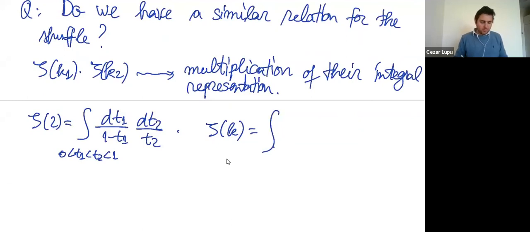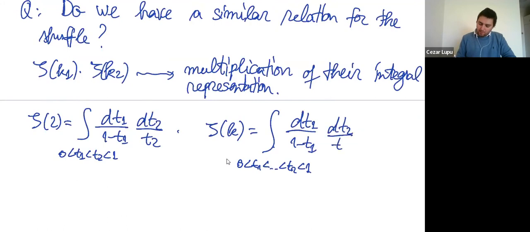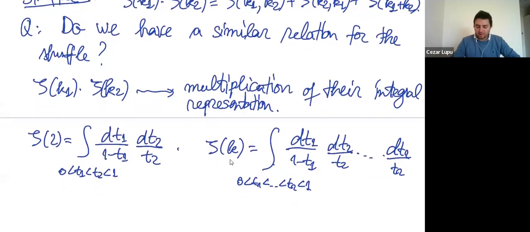This will be the integral representation over 0 less than t1 less than tr less than 1, dt1 over 1 minus t, dt2 over t2, dtr over tr. So this is the integral representation for the Riemann zeta value, right? And of course, in the case k equals 2, you get exactly the one. But now, imagine if we multiply two single zeta values, zeta of k times zeta of whatever, L.